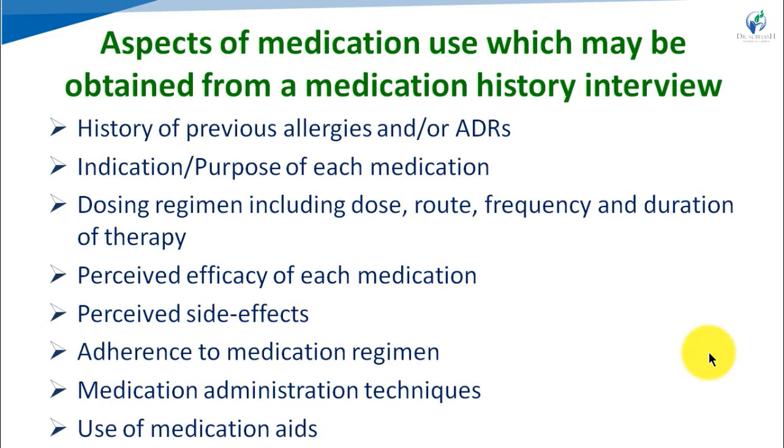Now, the aspects of medication use which may be obtained from a medication history interview. Medication history interview से हमें क्या पता चल सकता है, or what we can derive from the medication history interview regarding the medication use.